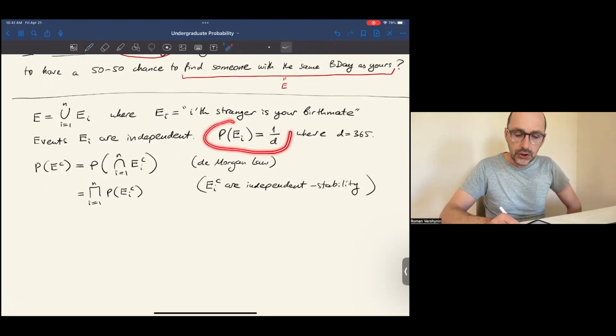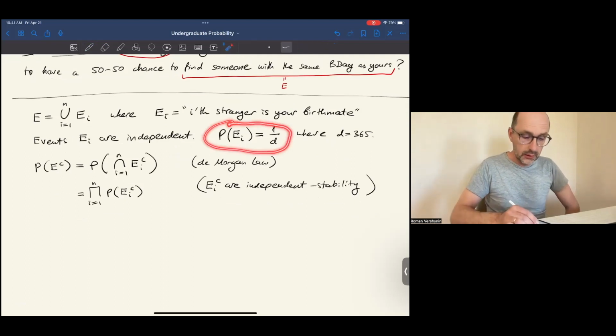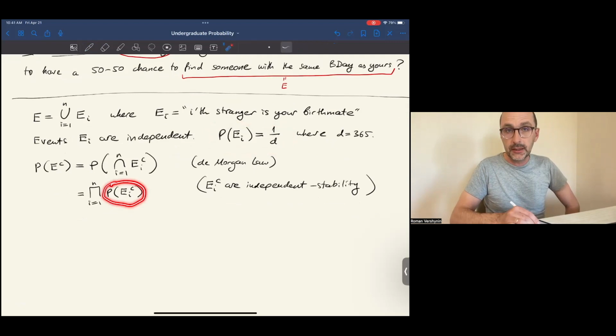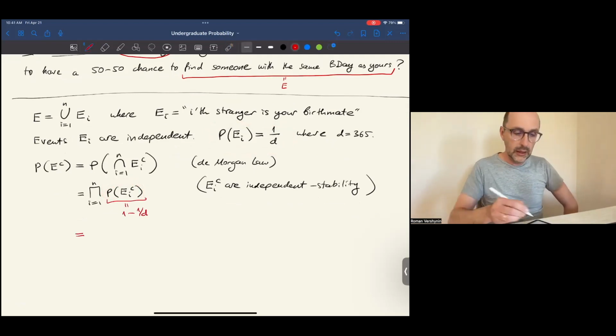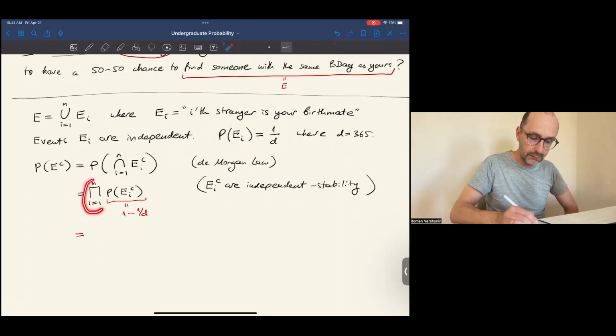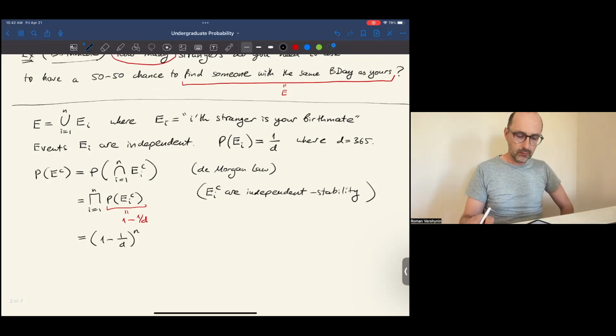The probability of each event is 1 over d. Therefore, the probability of its complement is 1 minus 1 over d. And when we take the product of n such terms, we get this. Let's simplify this expression a little bit.